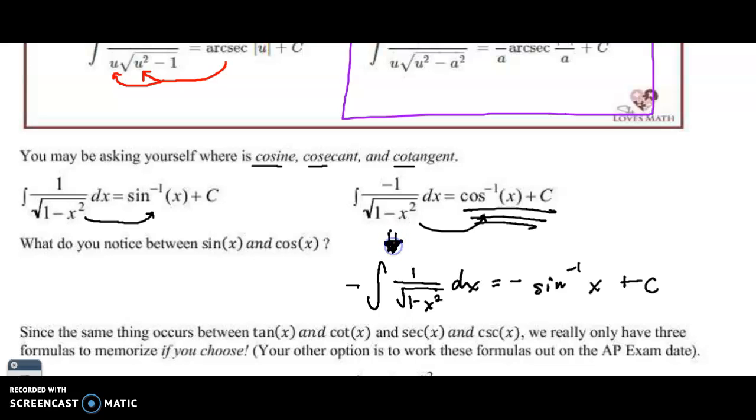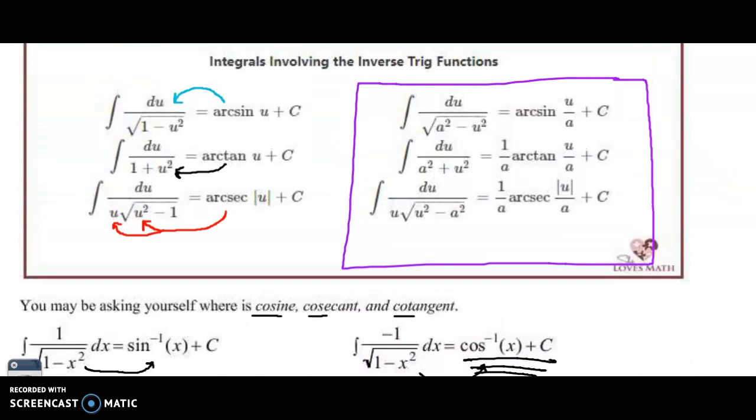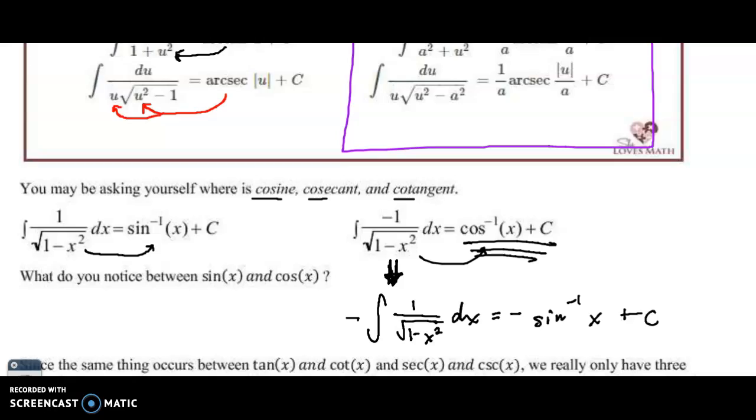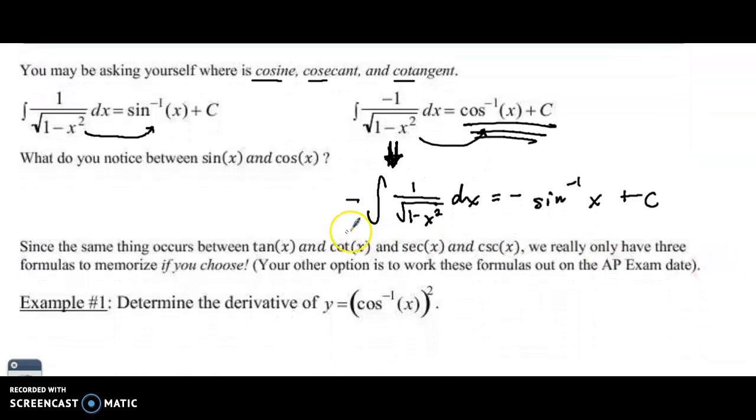So on an AP exam, if they ever ask you for any integral of these inverse trig functions, the only options they'll give you will be arcsine, arctangent, or arcsecant. And that's the same thing that occurs for tangent, cotangent.